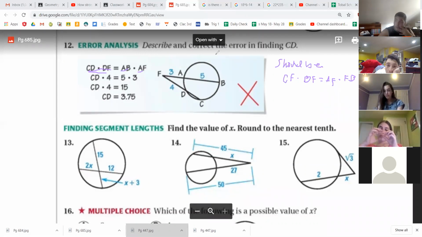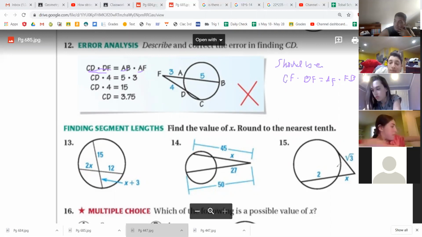Your exit ticket, this is all homework. Your exit ticket is going to be 15. So number 15 here, you have a tangent. So I'll help you start it off. Somebody already had it on the go.